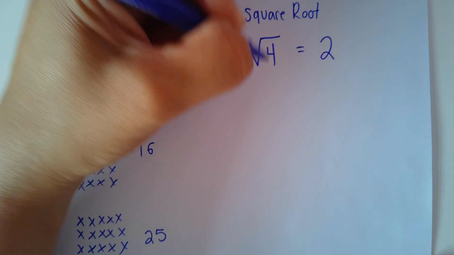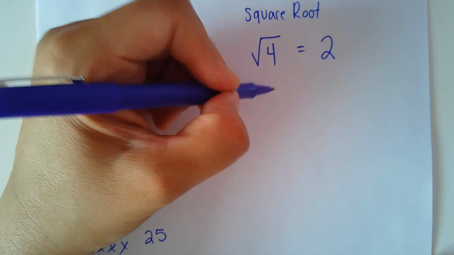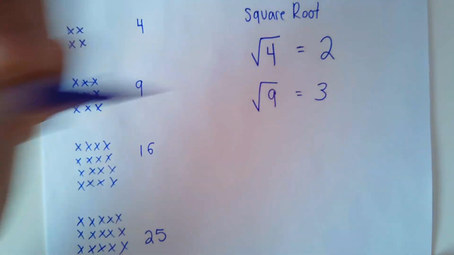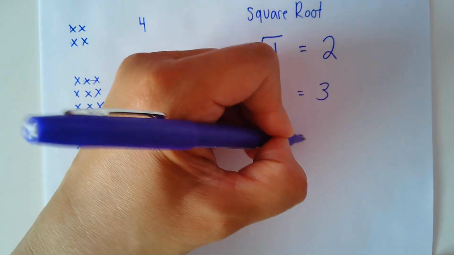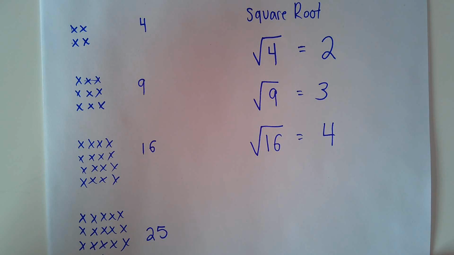So the square root of 4 would be 2. The square root of 9 would be 3. The square root of 16 would be 4, and so forth.